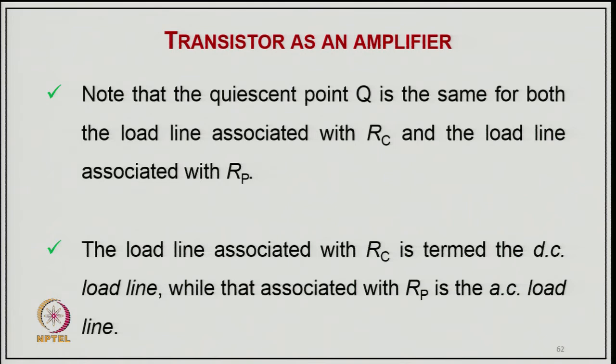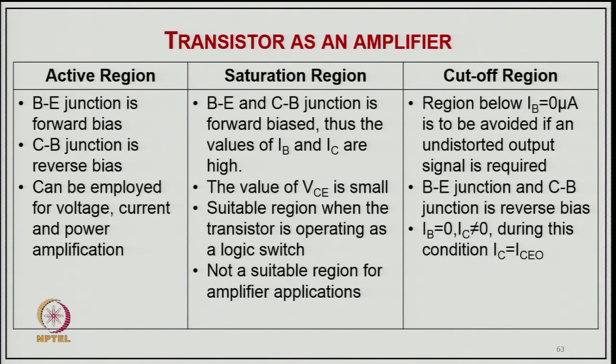Note that the quiescent point is the same for both the load line associated with RC and the load line associated with RP. The load line associated with RC is termed the DC load line, while that associated with RP is the AC load line, because that is giving the AC signal to the load.